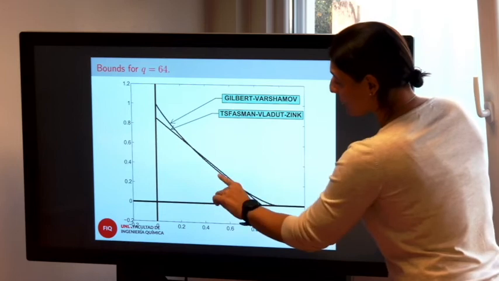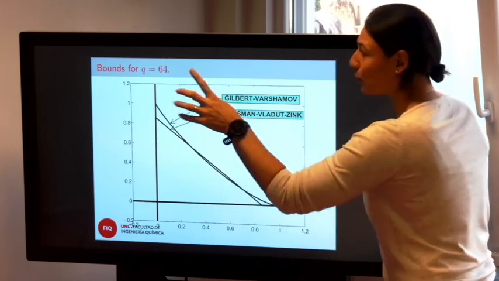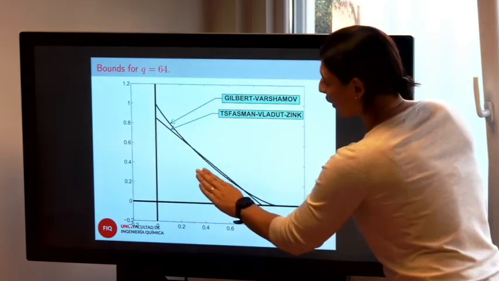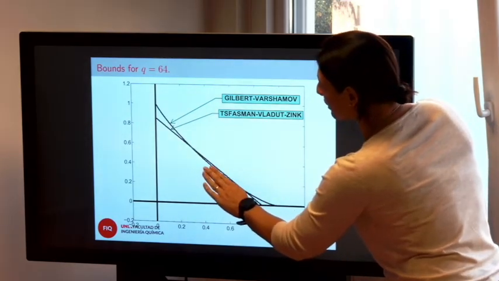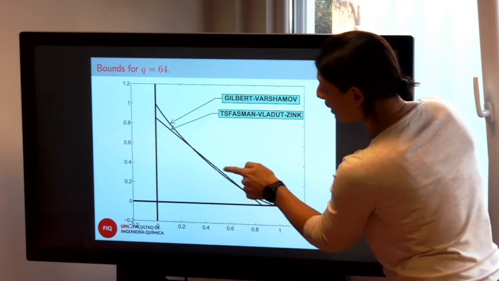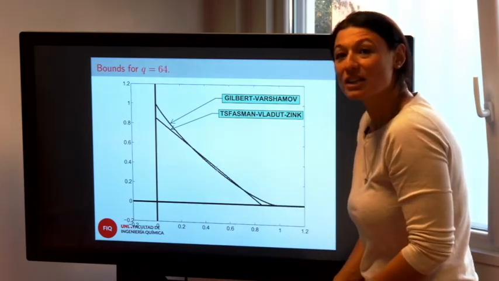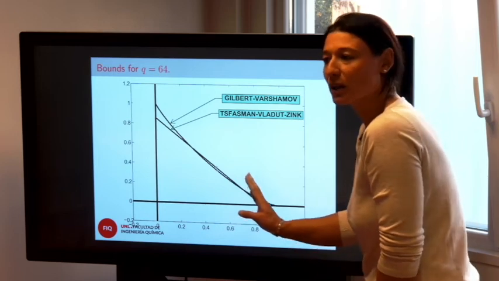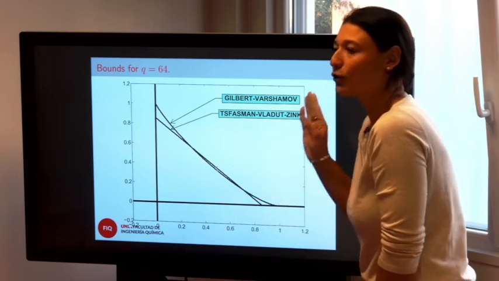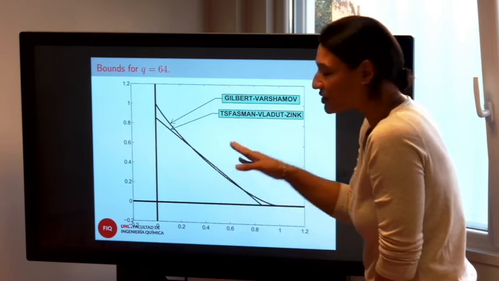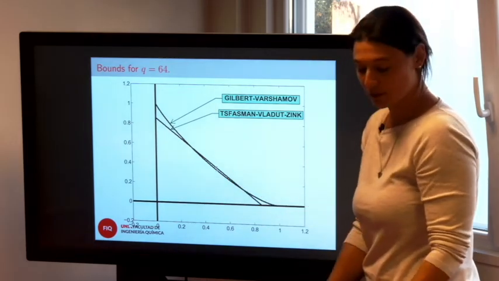So before we knew about this bound, we thought that the best thing that we could achieve was the Gilbert-Varshamov bound. But now, having a bit better bound, we can assure that we can build a sequence of codes such that the relative parameters tend to that element.